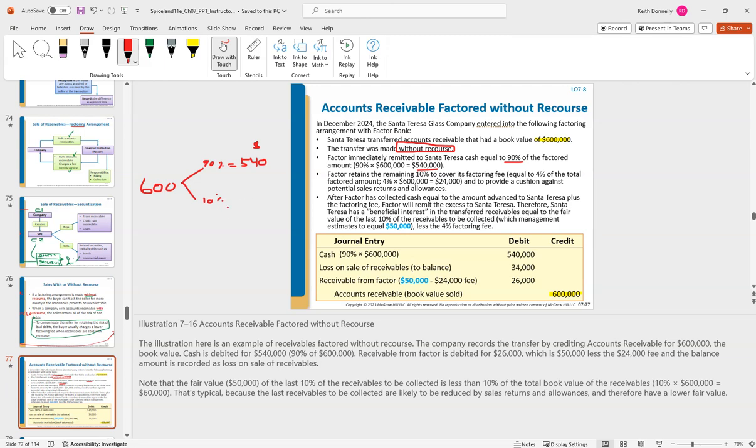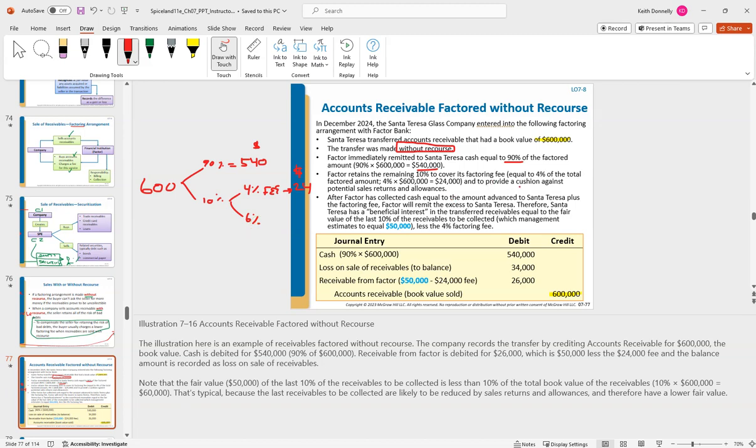Of that remaining 10%, 4% is going to be a fee, because we need to charge a fee on this, which will be $24,000 if you put that into dollars. 4% of the 600,000.